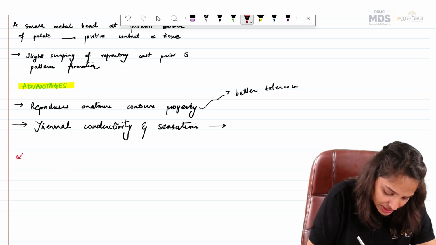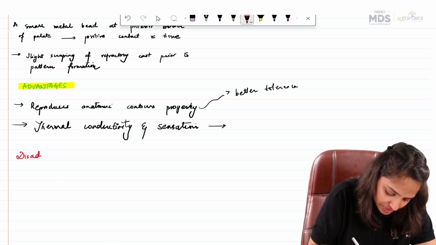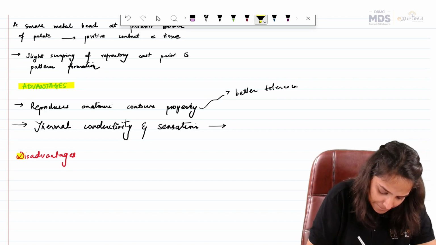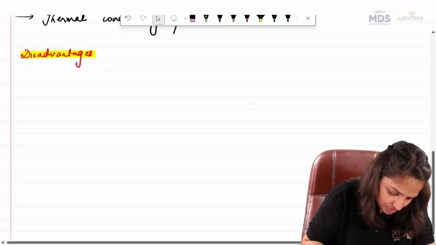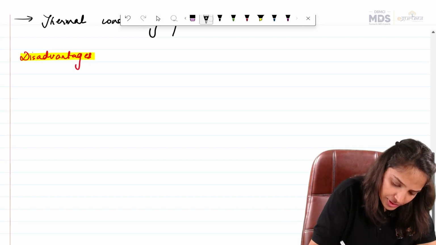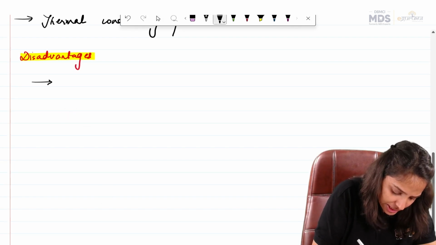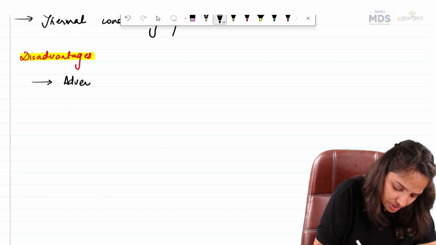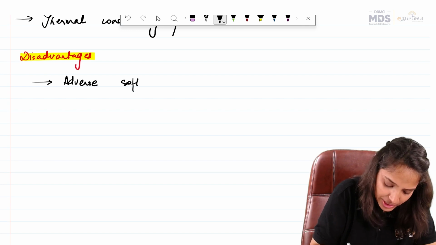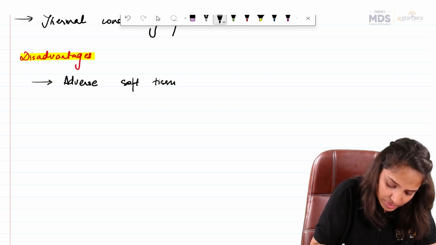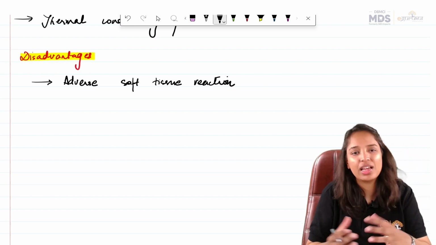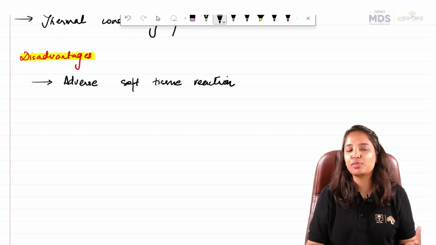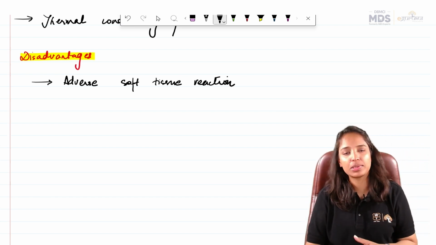Come, let's look at some disadvantages. First disadvantage is the adverse soft tissue reaction. We see that a lot of patients are unable to maintain hygiene underneath the prosthesis.